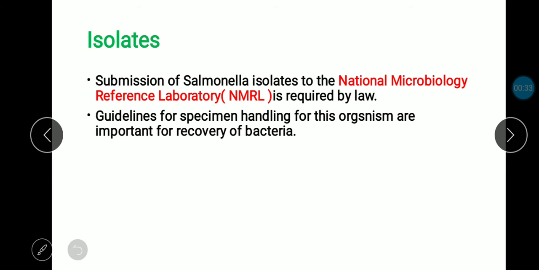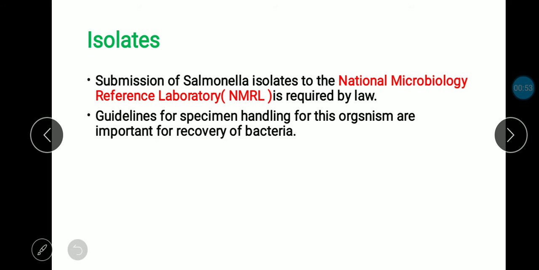The samples collected for the analysis are called isolates. Submission of Salmonella isolates to the National Microbiology Reference Laboratory is required by law.